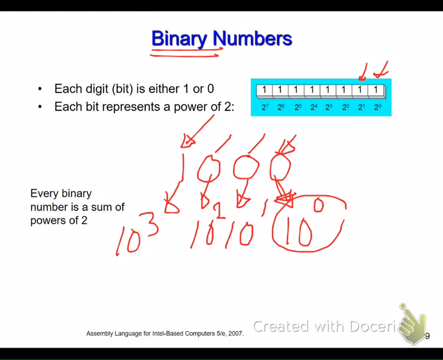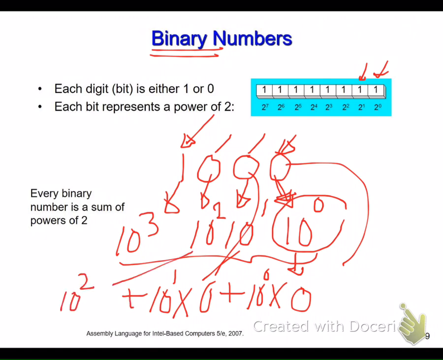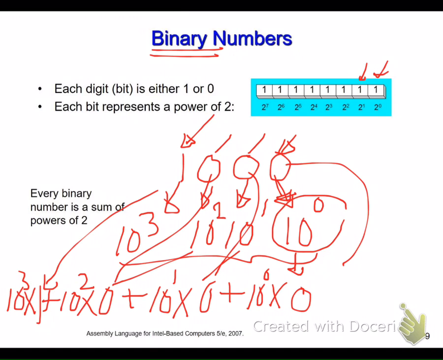And what you are doing in your mind, if we break down in order to read that number, is saying 10 to the power 0 multiplied by the number here, 0, plus 10 to the power 1 multiplied by the value here, which is 0, plus 10 to the power 2 multiplied by 0, plus 10 to the power 3 multiplied by 1, which is the number here. Correct? This is exactly what we are doing with binary, or with another base.